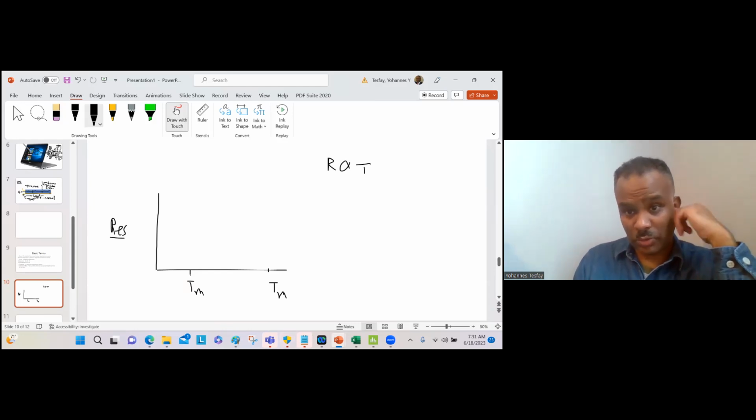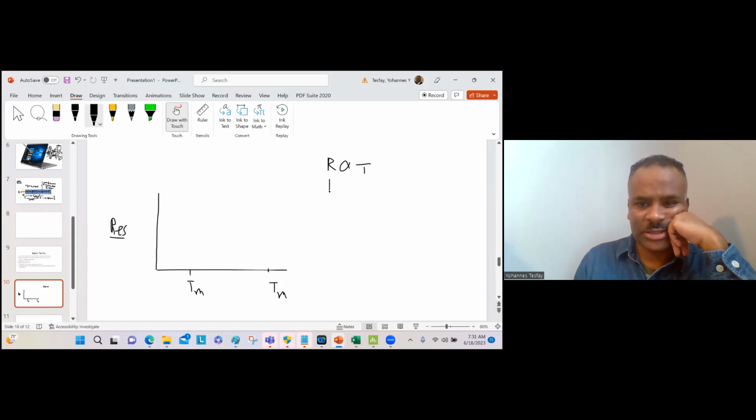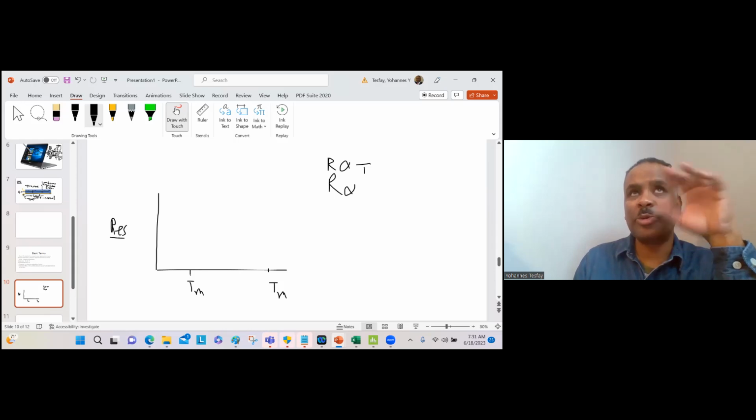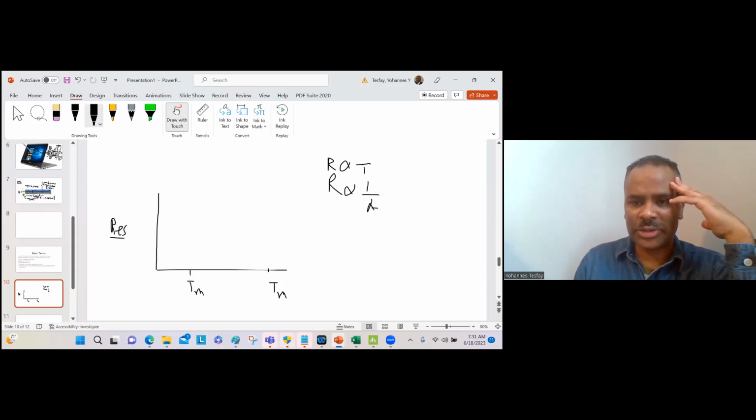This is what you know. And resistance and area, because current is proportional to area, then resistance is going to be inversely proportional to area. So these are the two relationships that you know.